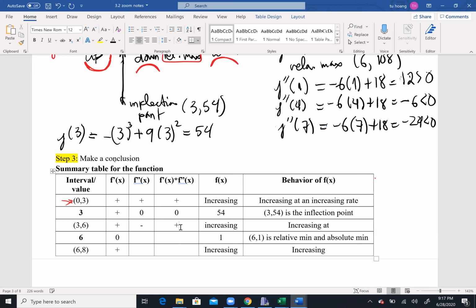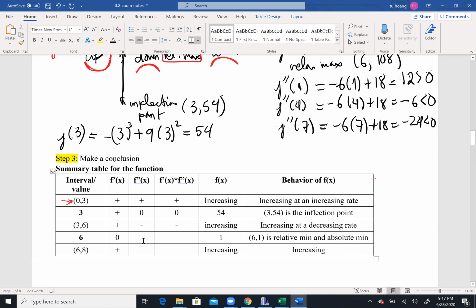This is negative. And I have increasing at a decreasing rate, because the product between the first and the second derivative is negative, so it's a decreasing rate.